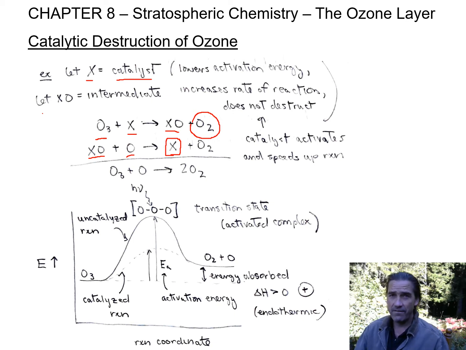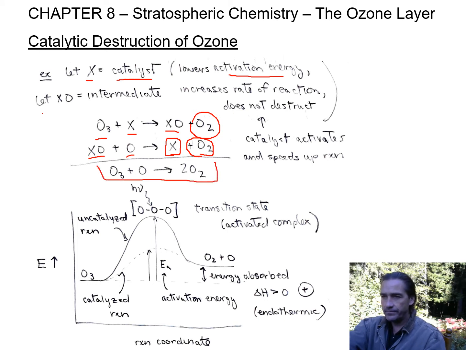That's part of the definition of a catalyst, it does not get destroyed, and we produce more oxygen gas. And again, this is occurring under conditions where the threshold to form the products is much lower. So this reaction goes much faster, and we get the destruction of the ozone molecule.